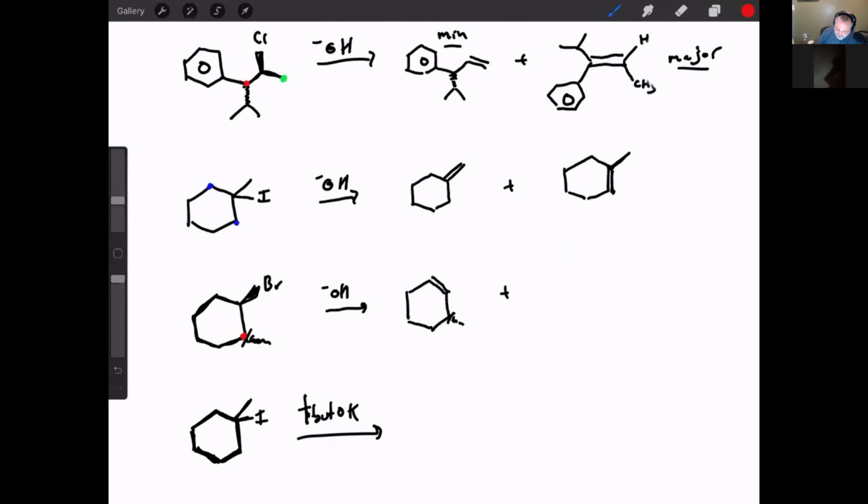So what I want to do real quick is draw one chair conformation to just sort out in my brain what's going on with these different groups. I remember that the only possible way to have a bromine, a leaving group, anti-periplanar with a beta hydrogen is to have it in an axial position.